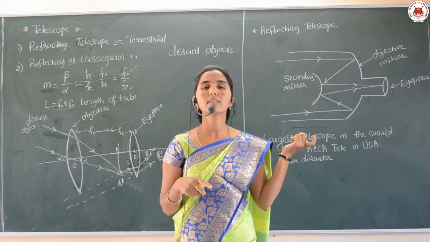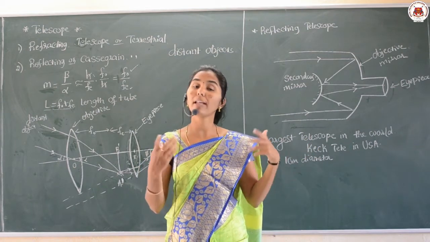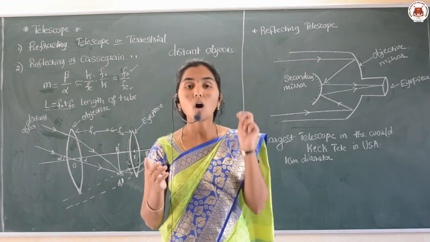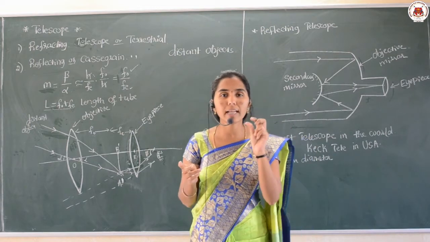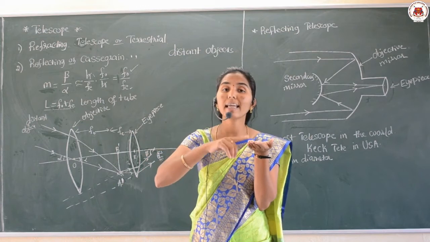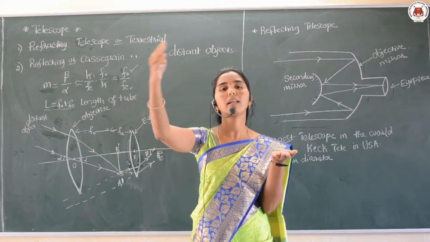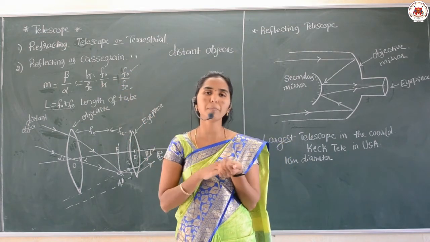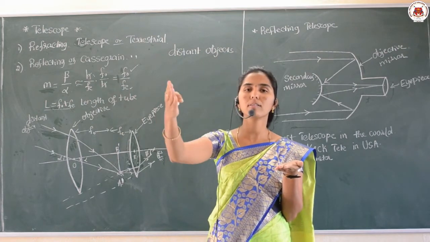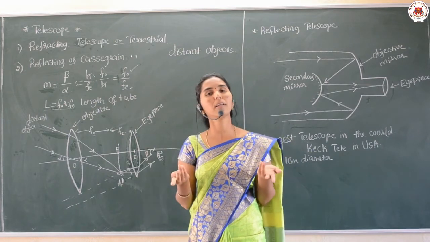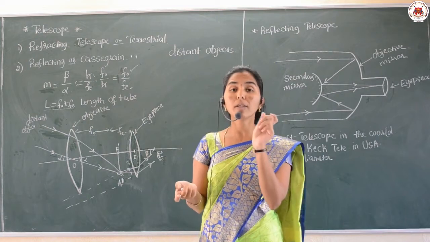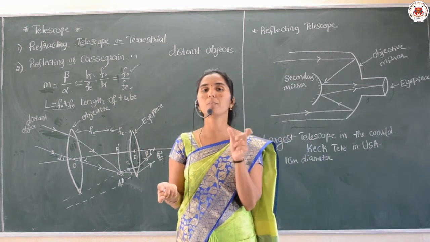What is the meaning of reflecting? When will the ray reflect? You know that when a ray of light or a bundle of rays falls on a polished surface that acts like a mirror, part of the light rebounds to the same medium. Isn't it? Part of the light comes back to the same medium. That we call the reflection phenomenon.